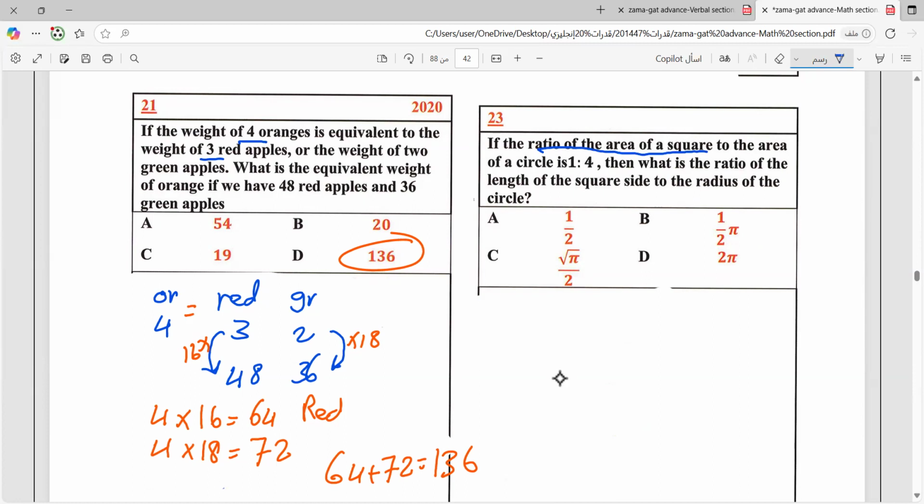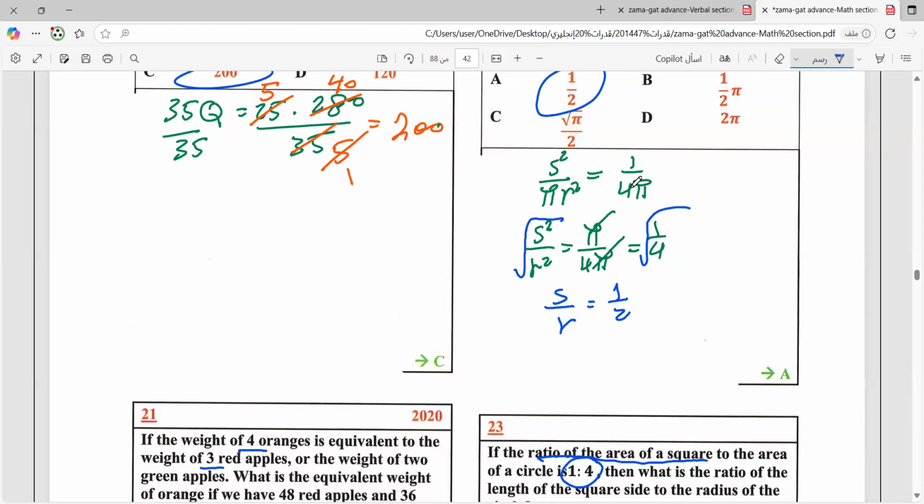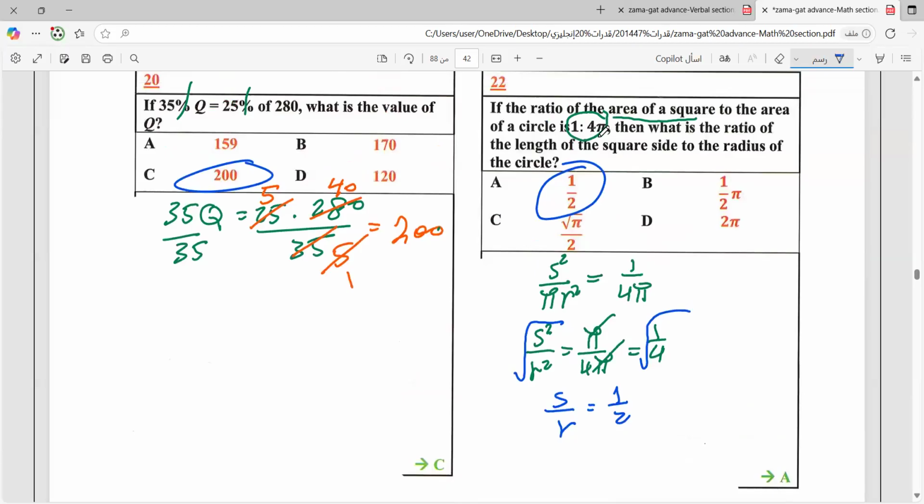It is 1 over 4 without pi. So S squared over pi R squared equals 1 over 4. In the above, it was 1 over 4 pi.